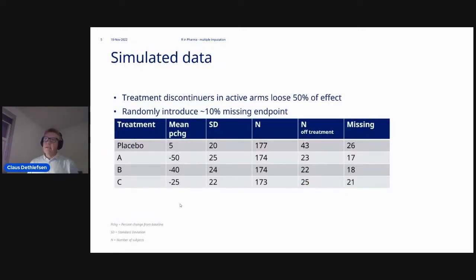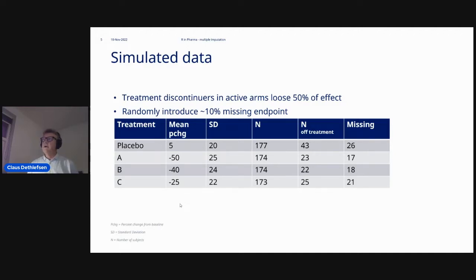I have simulated data from these parameters you see here. So placebo on average has a mean percentage decrease of 5. Treatment A will lower the mean by 50 percentage points, and B will lower by 40, and C will lower by 25 percentage points.